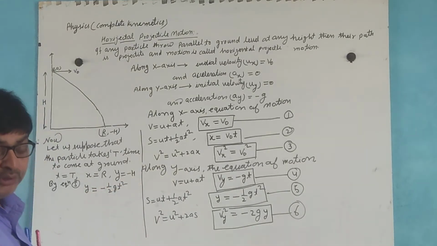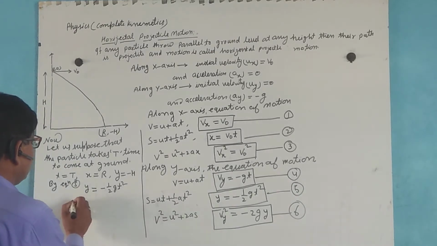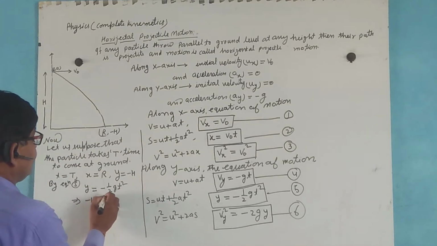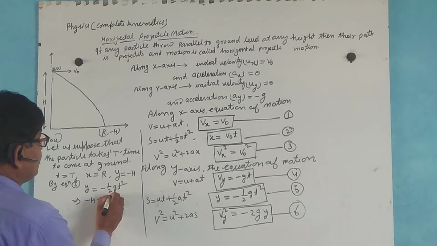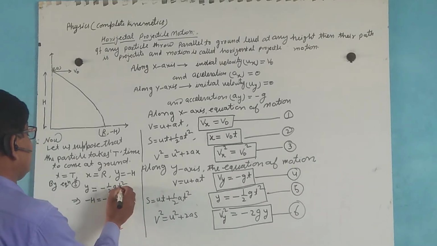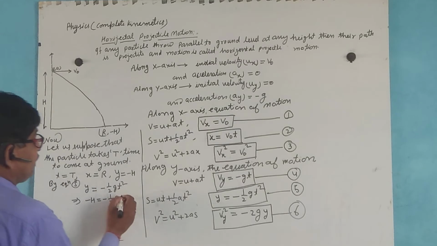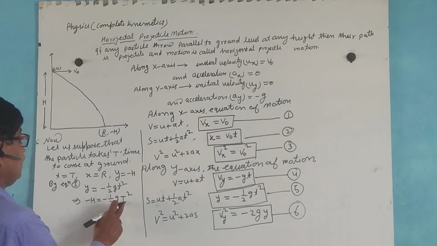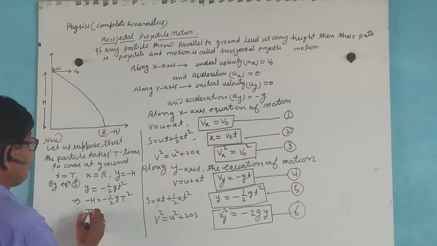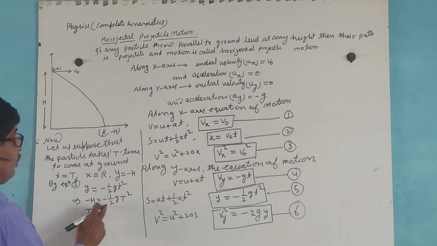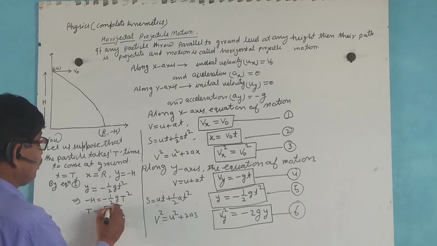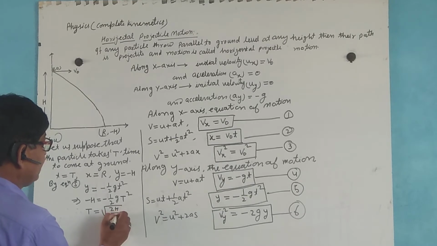Here y is equal to minus h, so minus h equals minus half g T square, the minus signs cancel, and T is equal to the square root of 2h by g.